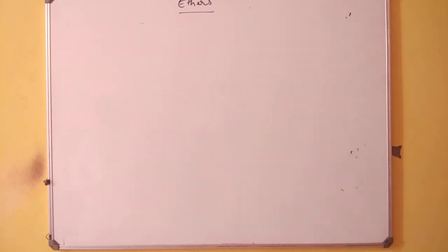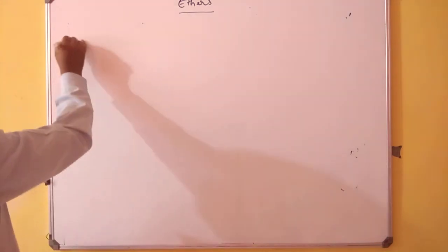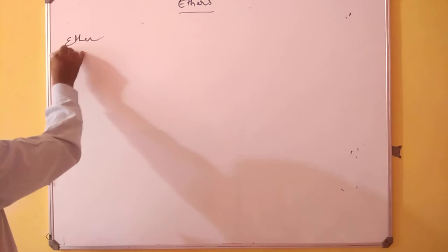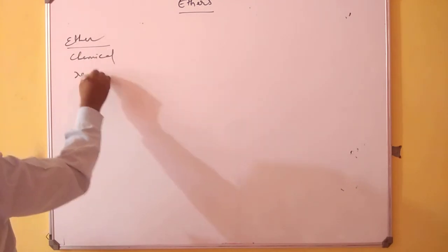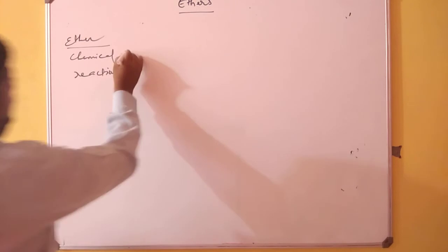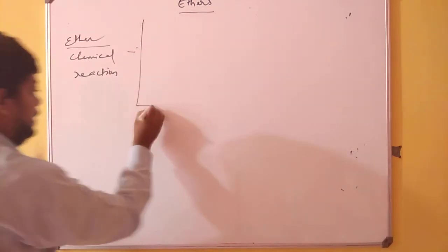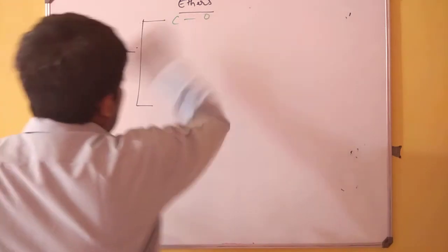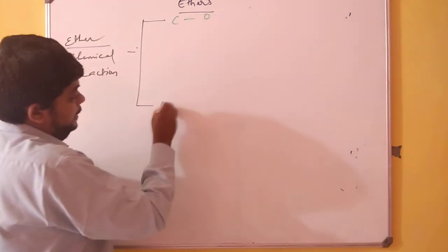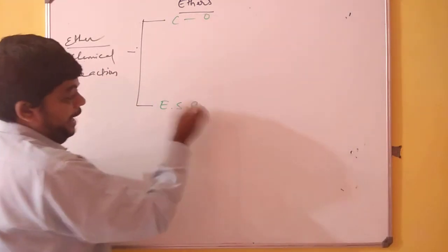But whenever we say ether, the reactions include ether chemical reaction. We can divide it very easily into fundamental two parts, where the first is the breaking of the CO bond and the second is the electrophilic substitution reactions.